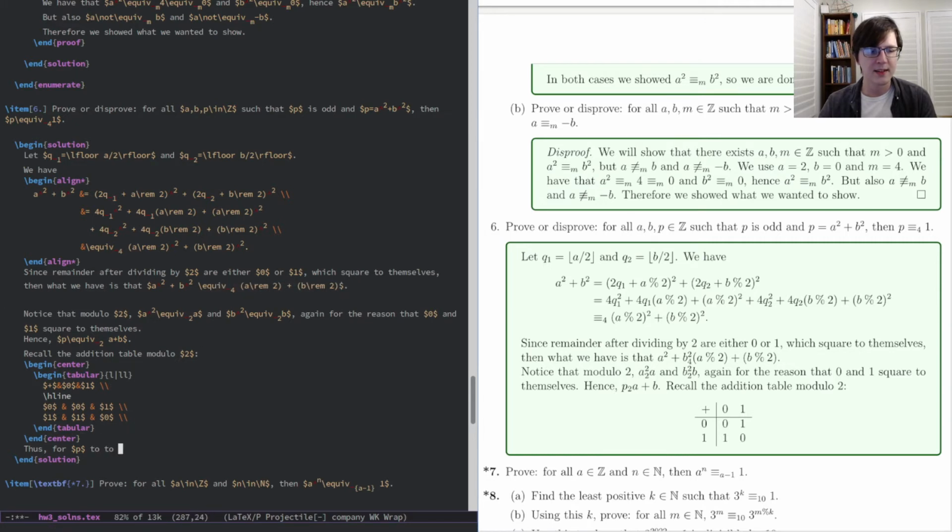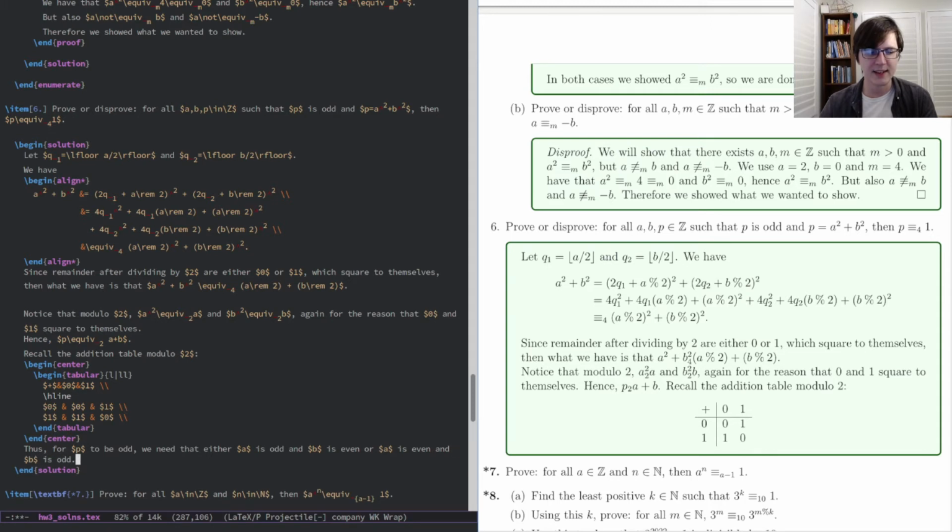So for p to be odd, we need that either A is odd and B is even, or A is even and B is odd.